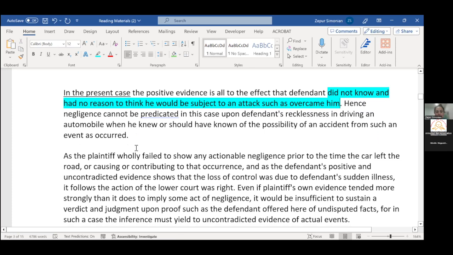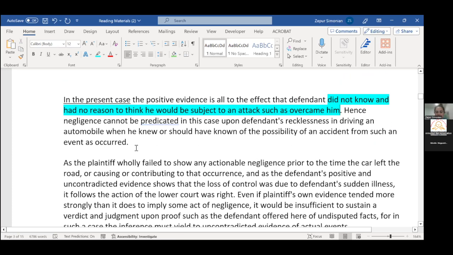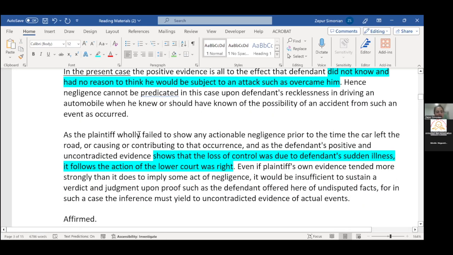As the plaintiff wholly failed to show any actionable negligence prior to the time the car left the road, or causing or contributing to that occurrence, and as the defendant's positive and uncontradicted evidence shows that the loss of control was due to the defendant's sudden illness, it follows that the action of the lower court was right. Even if plaintiff's own evidence tended more strongly than it does to imply some act of negligence, it would be insufficient to sustain a verdict.